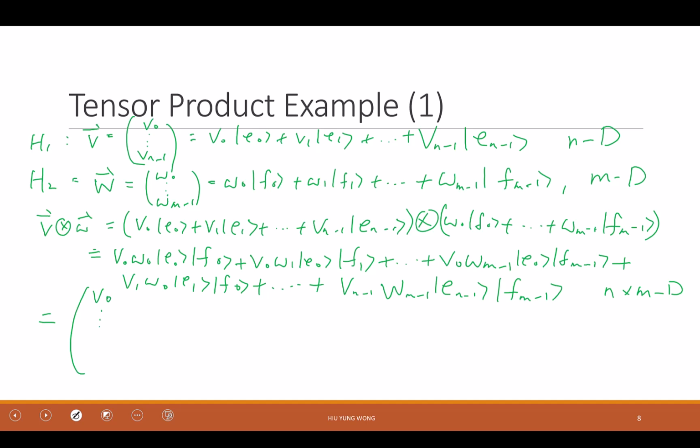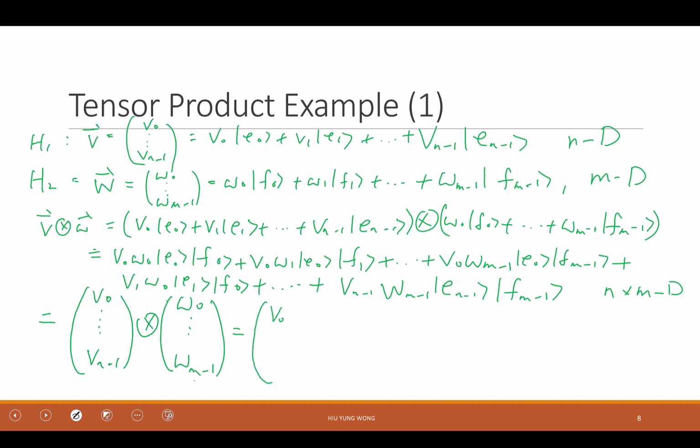V0, Vn minus 1, tensor product W0, Wm minus 1. Is that okay? But how do I do the multiplication? This is what you need to learn, and trust me.